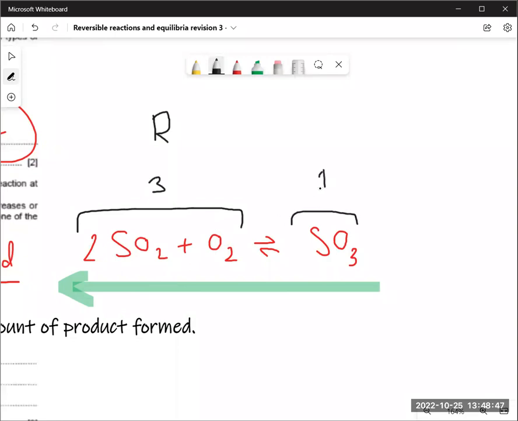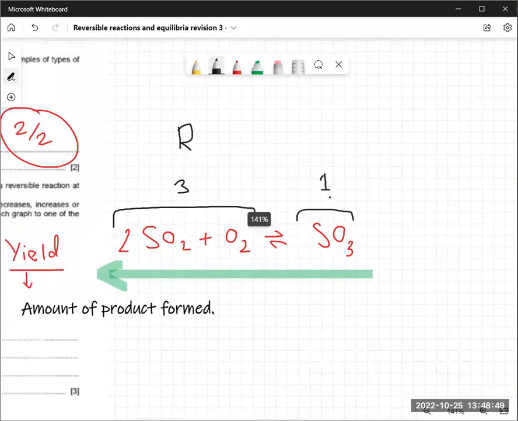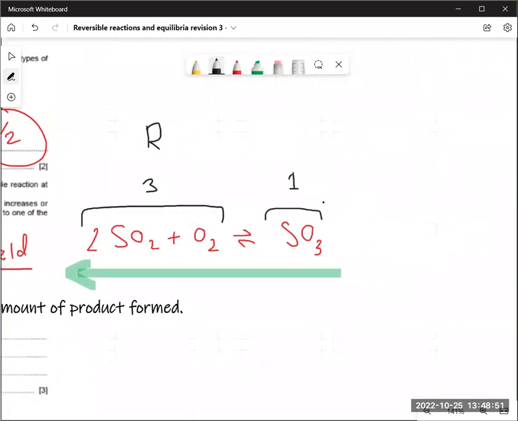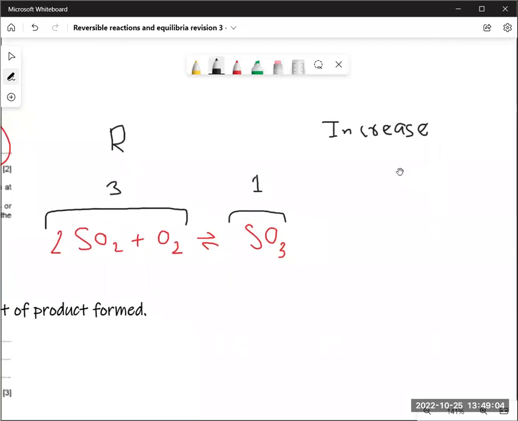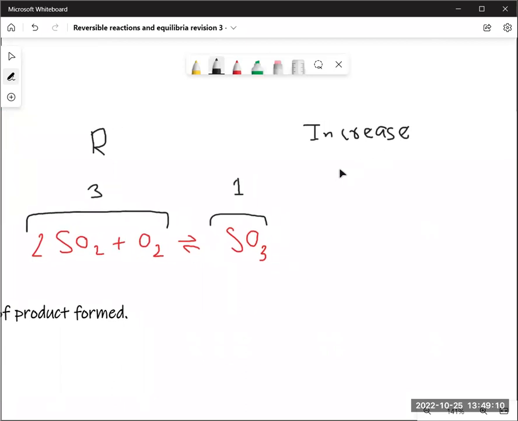1. So if I increase pressure, which side will be favored, forward or backward? Backward. No, increase pressure, not decrease, increase. Oh, increase, forward. Forward. Increasing pressure favors the lesser number of particles, and decreasing favors more.